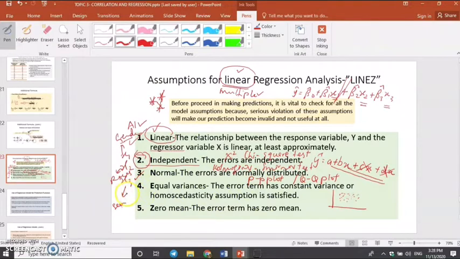So the normality assumption is accepted. Or we can also look at skewness. For skewness, you must observe from positive 1 until negative 1 only. When the skewness is more than positive 1 or less than negative 1, it is not normal, it is skewed.